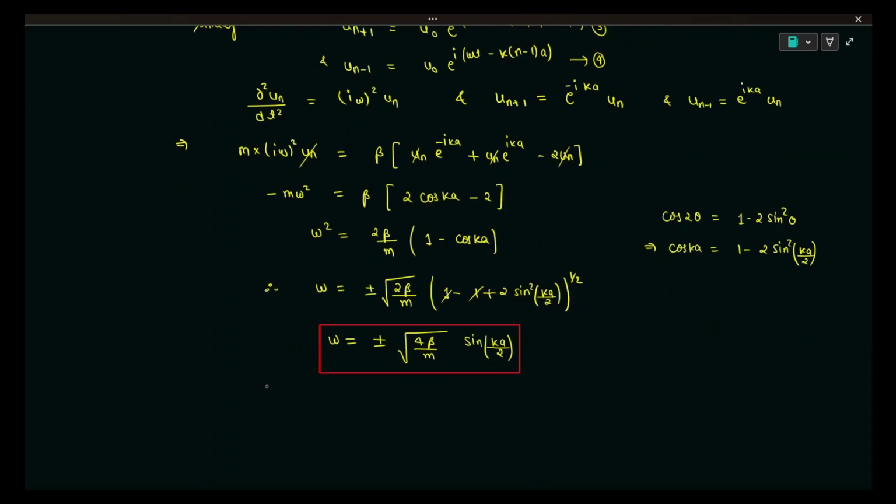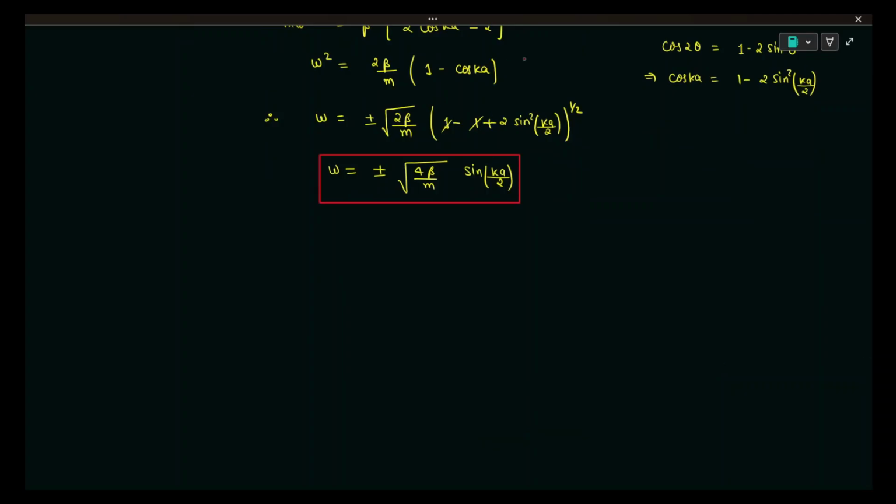linear monoatomic chain. Now since the frequency omega should always be positive irrespective of the value of k, that is the wave vector, we can write this dispersion relation as omega equal to under root 4 beta by m, then mod sine ka by 2.